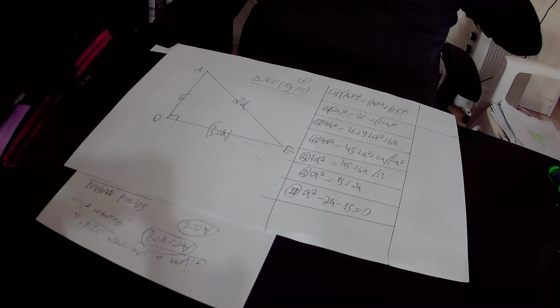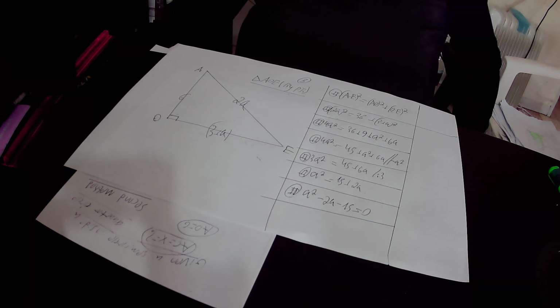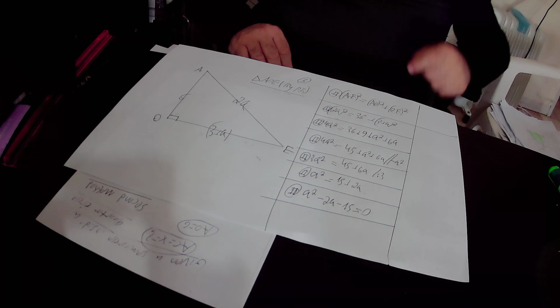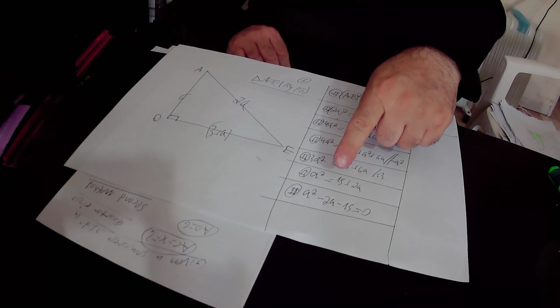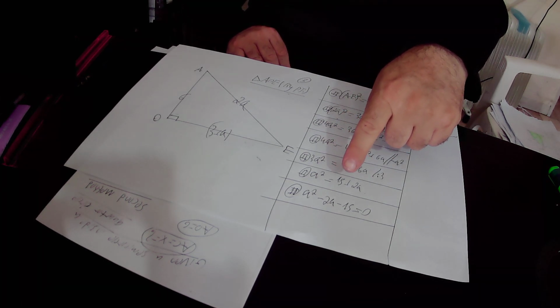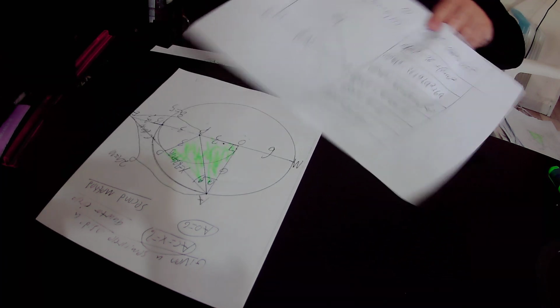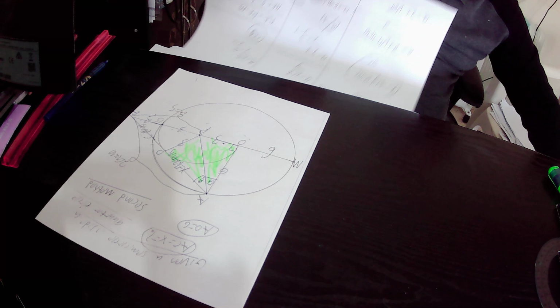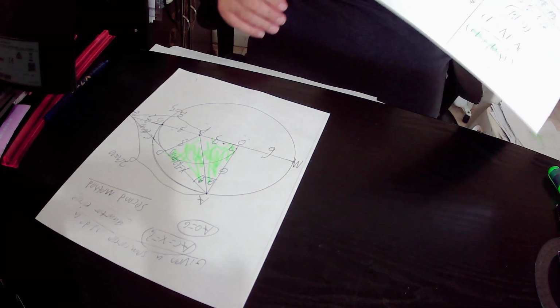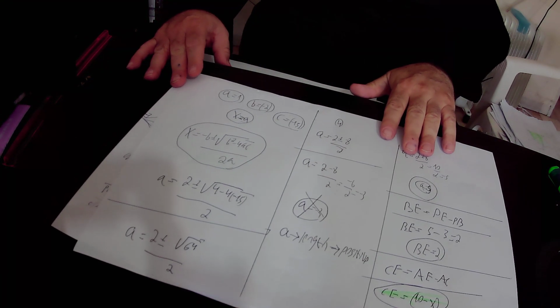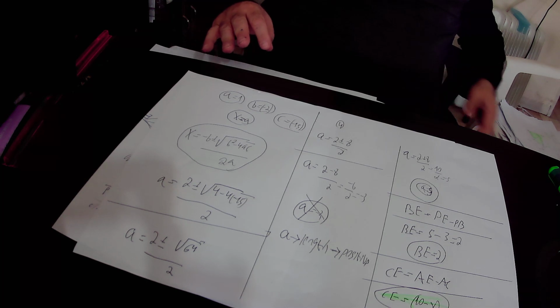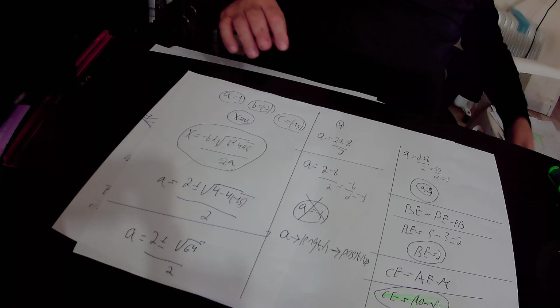So we have here a quadratic equation, and the coefficient a equals 1, the coefficient b equals minus 2, and the coefficient c equals minus 15. And the variable that we are looking for in our quadratic equation is A.